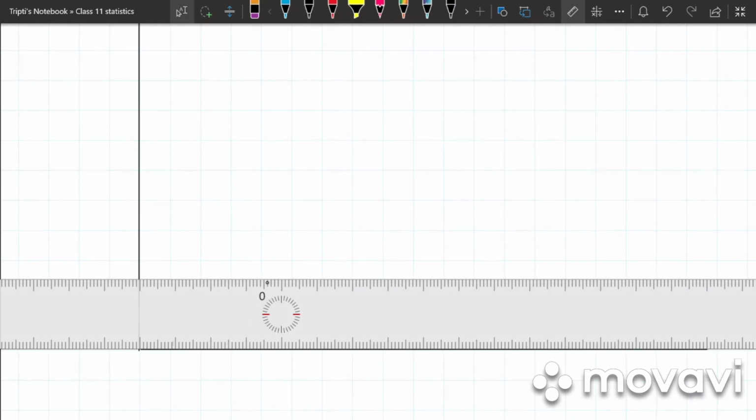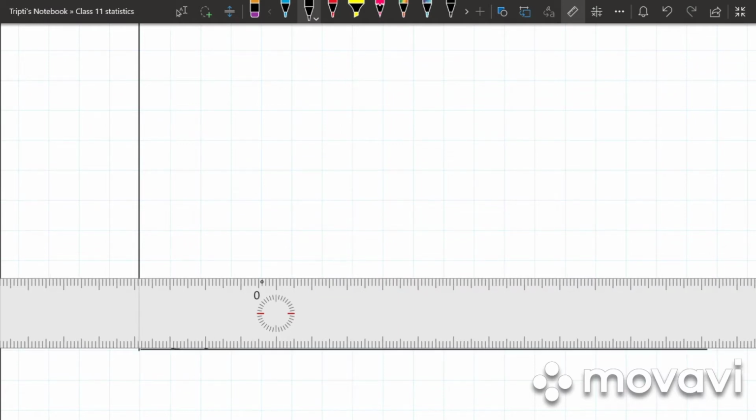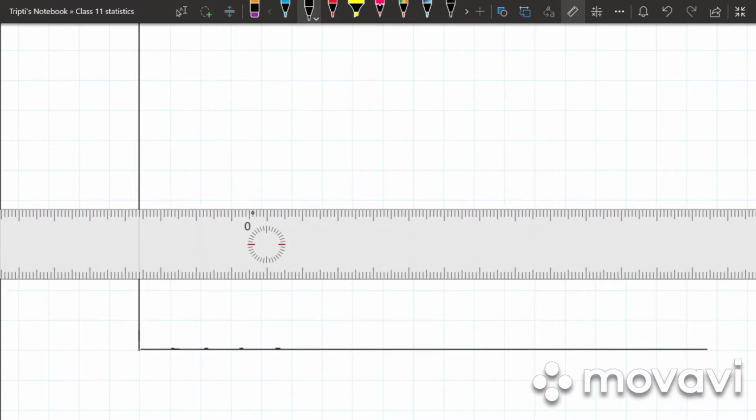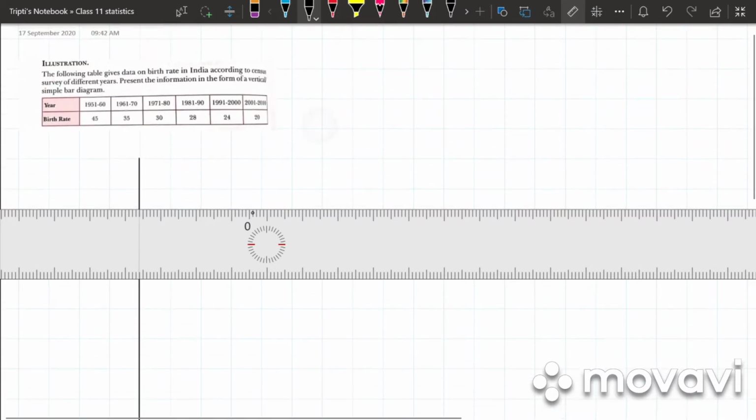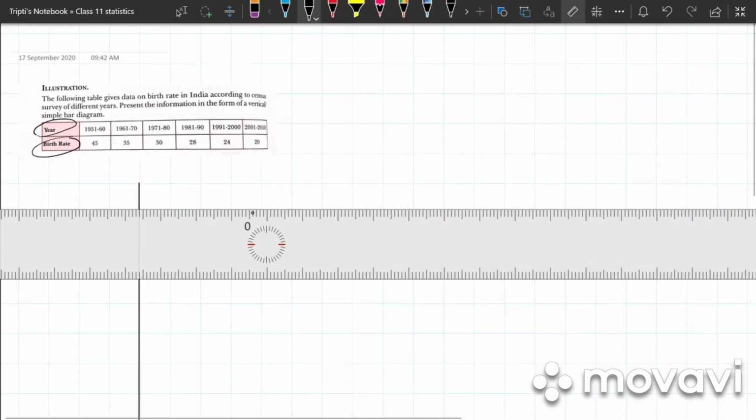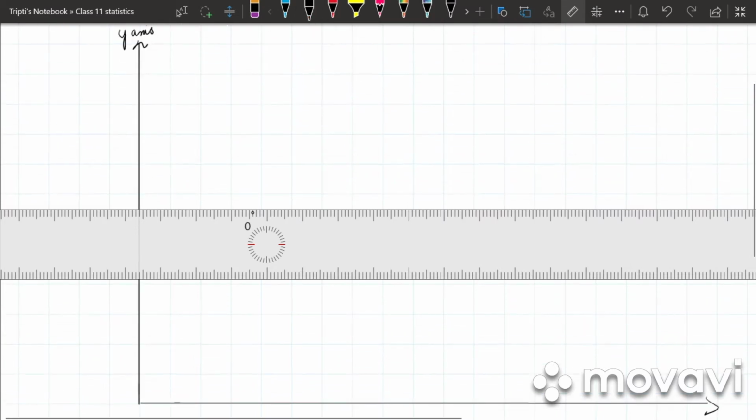After you are done doing the x-axis and y-axis, in every 1 centimeter you need to mark a point. 1, 2, 3, 4. So your x-axis will denote the number of years and your y-axis will denote the birth rate. So this is y-axis and this is your x-axis.